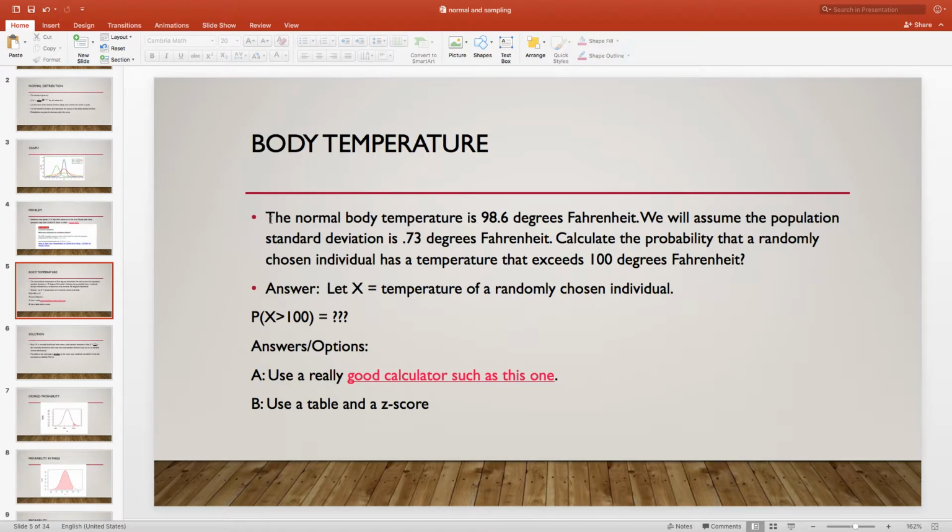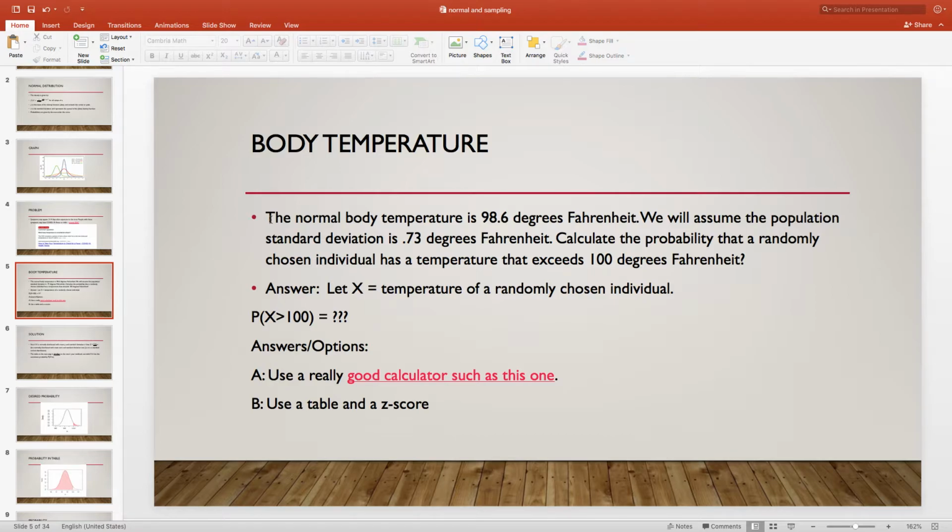One way in which we're going to do this is we're going to calculate, well, if they have a normal body temperature, they're not sick, their body temperature should be 98.6 degrees Fahrenheit. And what are the odds that someone that is not sick has a temperature in excess of 100 degrees?